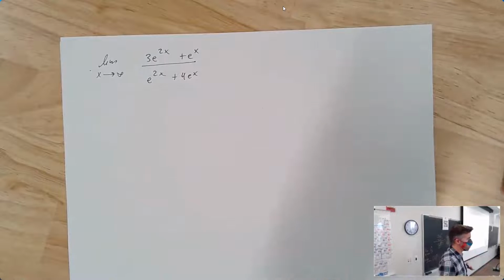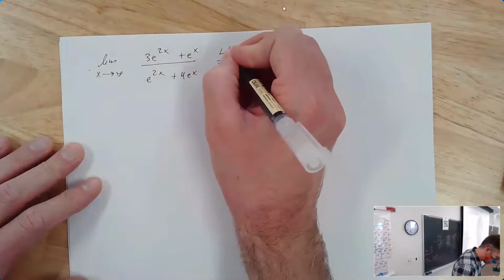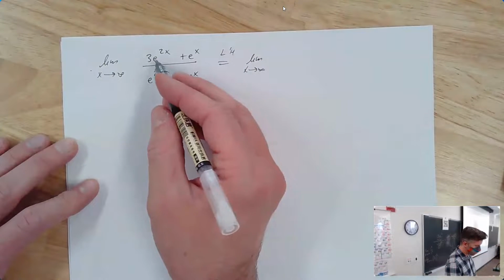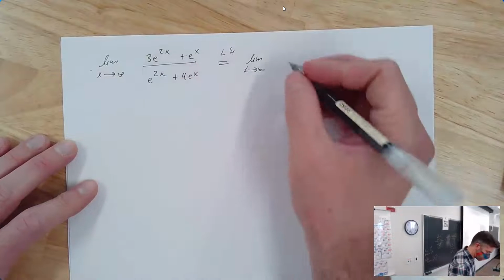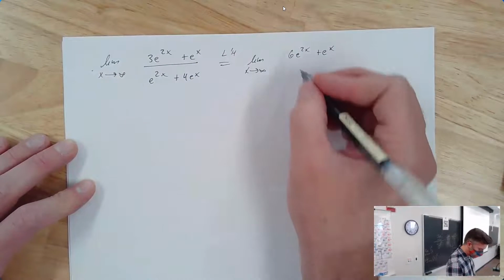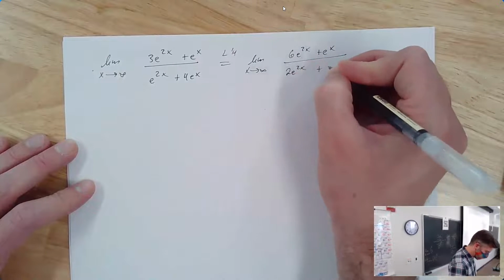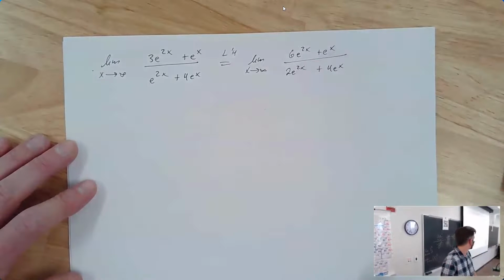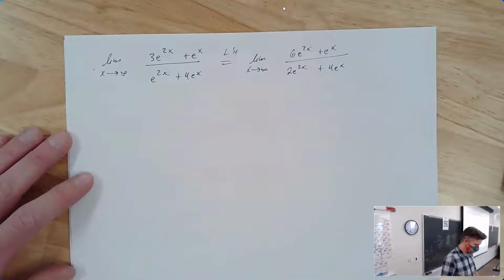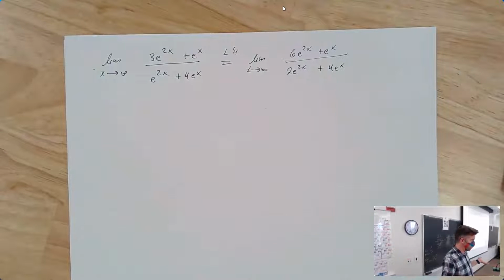The top's getting infinitely large, the bottom's getting infinitely large. So let's use L'Hopital's rule. The derivative of the top is 3e to the 2x times 2, so 6e to the 2x plus e to the x. And the derivative of the bottom is 2e to the 2x plus 4e to the x. Still infinity over infinity, and I think you can imagine that if I keep doing this, I'm going to keep getting infinity over infinity.